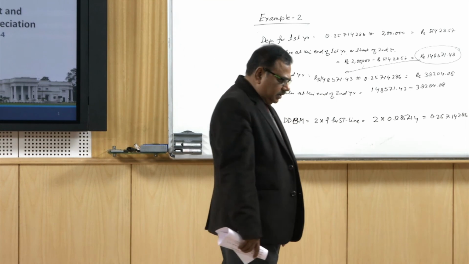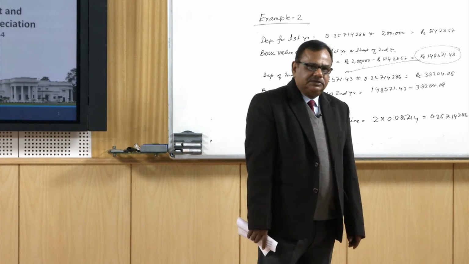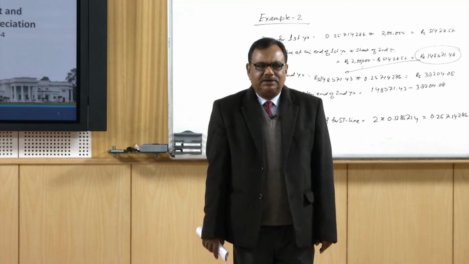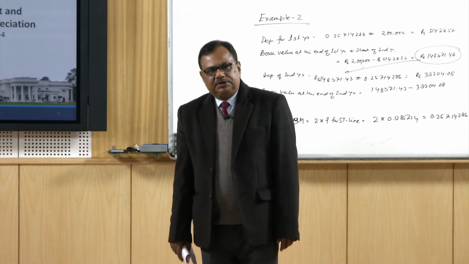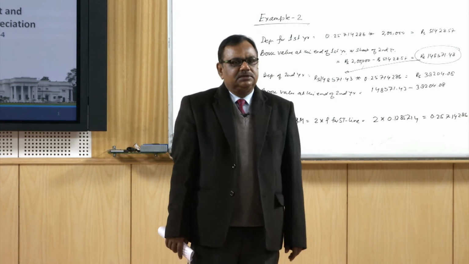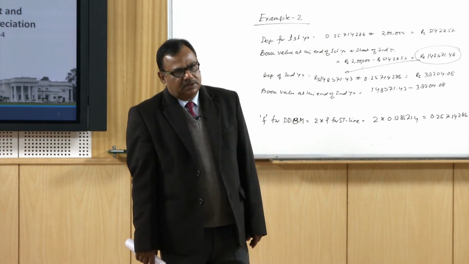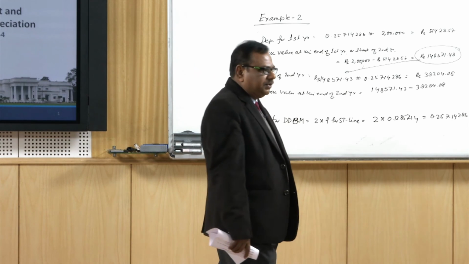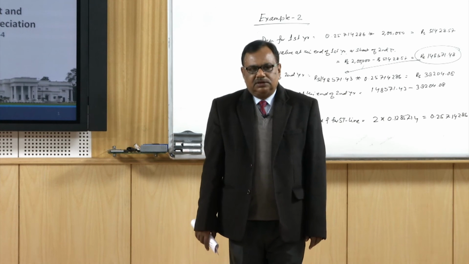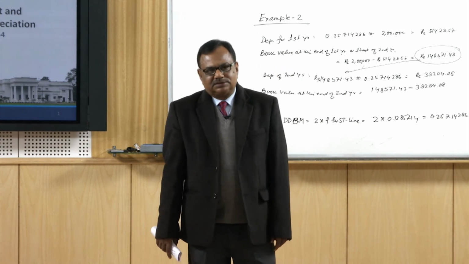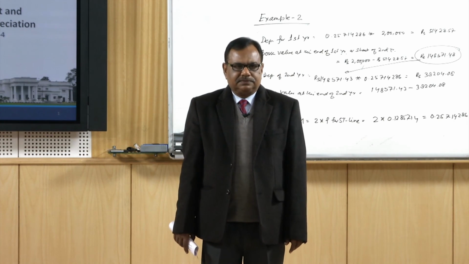The main thing of this method is that it gives a large value of depreciation in the early years than in the later years, and hence due to this high depreciation the profit in the early years will be less, and hence you have to pay less taxes in the early years. Thank you.